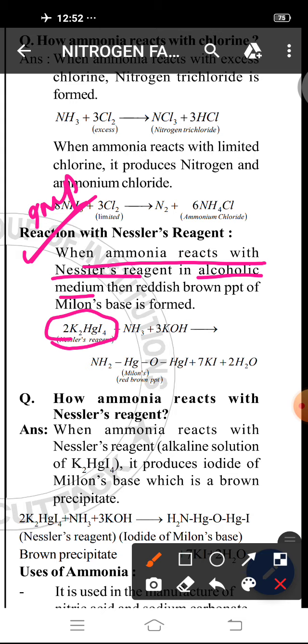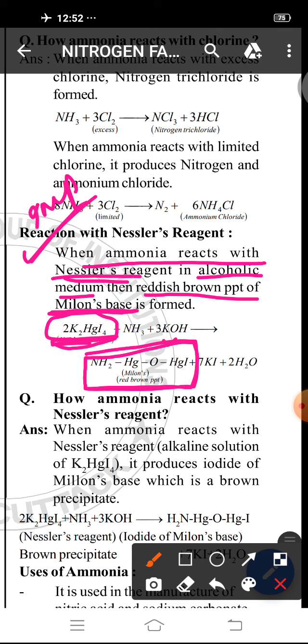When ammonia reacts with Nessler's reagent, that is K2HgI4, in alkaline medium, then a reddish brown precipitate of Millon's base is formed. This is the reddish brown precipitate, that is Millon's base.